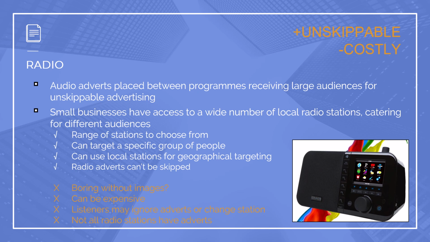The other major advantage is that you can't actually skip a radio advert, you would have to change the channel. So disadvantages are sometimes they can be a bit boring because there are no images involved. They can be expensive because obviously you have got to put a bit of money into the radio station to do it.